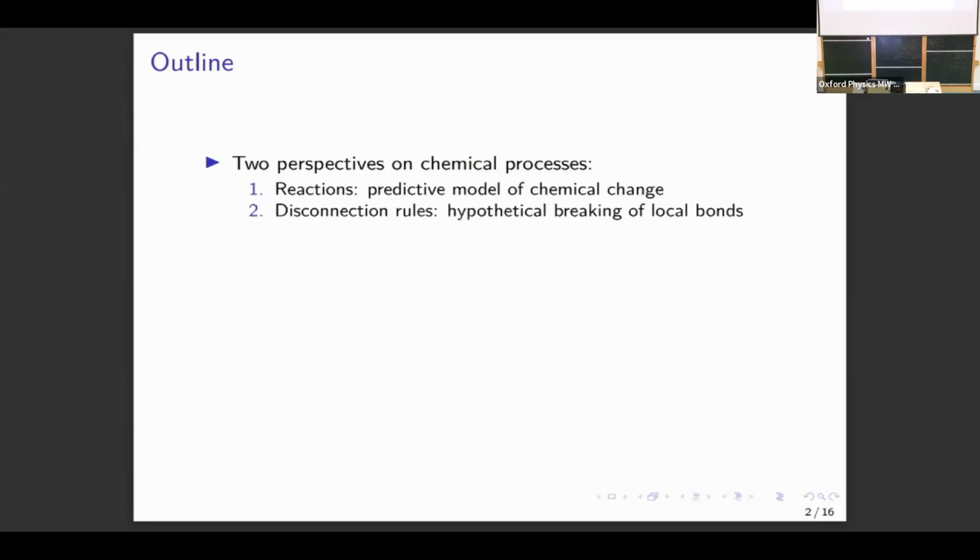The slightly less well-known perspective, at least for me before I started this project, I was not aware of, is the so-called retrosynthetic disconnection rules, which are hypothetical breakings of local bonds, and these are somehow backwards directed. Not to read into the categorical analogy too much, this could be seen as a dual to the first one, in the sense that these are used by practicing organic chemists to synthesize organic molecules.